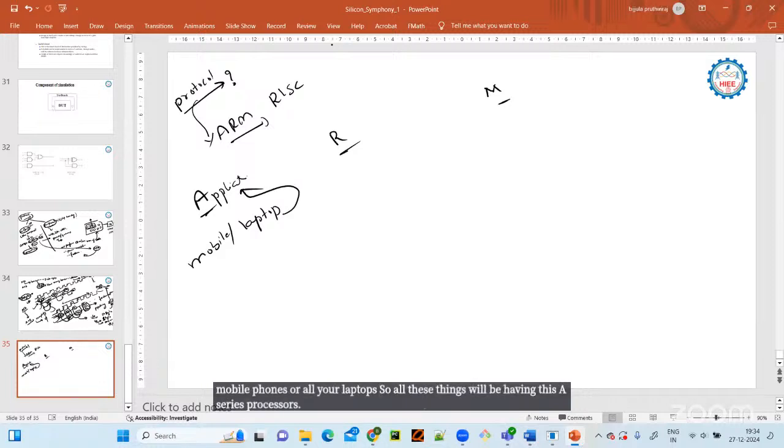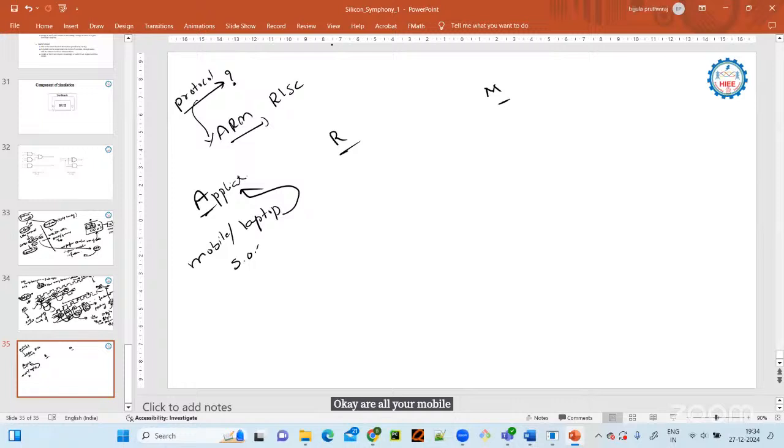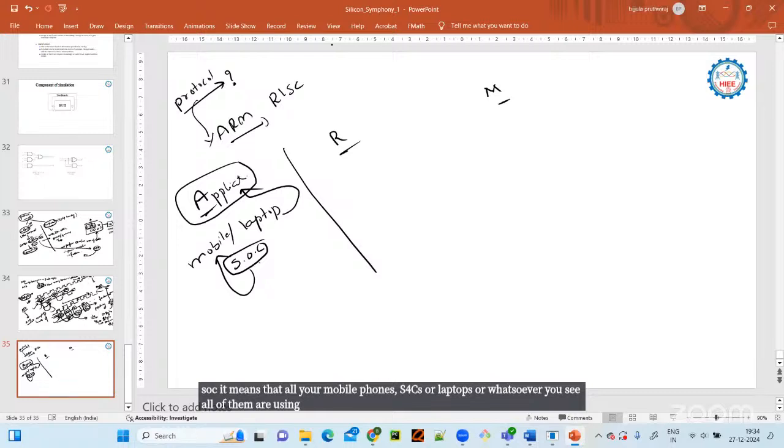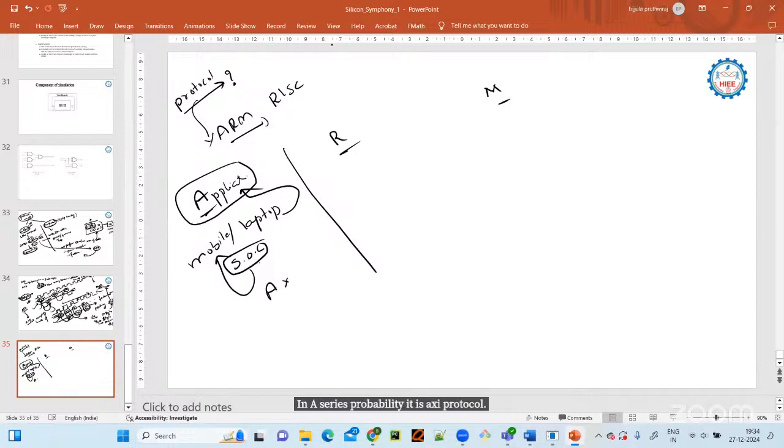Your mobile phone is equipped with an SoC. It means that all your mobile phone SoCs, or laptops, or whatsoever you see, are using this application based thing. And the protocol that is used in A series is mostly the AXI protocol.